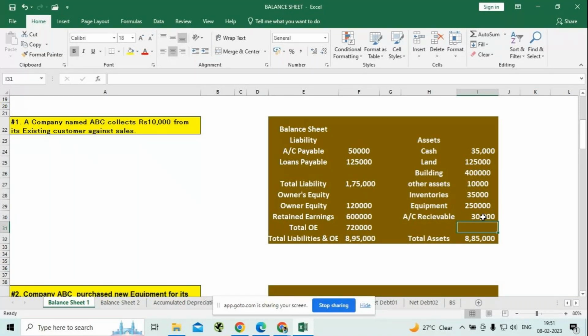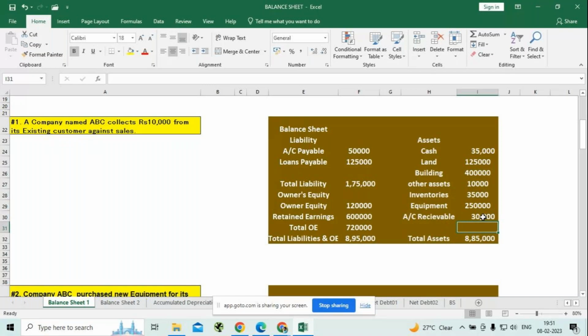Whenever the business receives money or pays money, it will be in two forms. Either in the form of cash or in the form of a bank. So in this transaction, is the amount we received in the form of cash or a bank? Cash, because if it were a bank, there would be some reference information related to the bank.